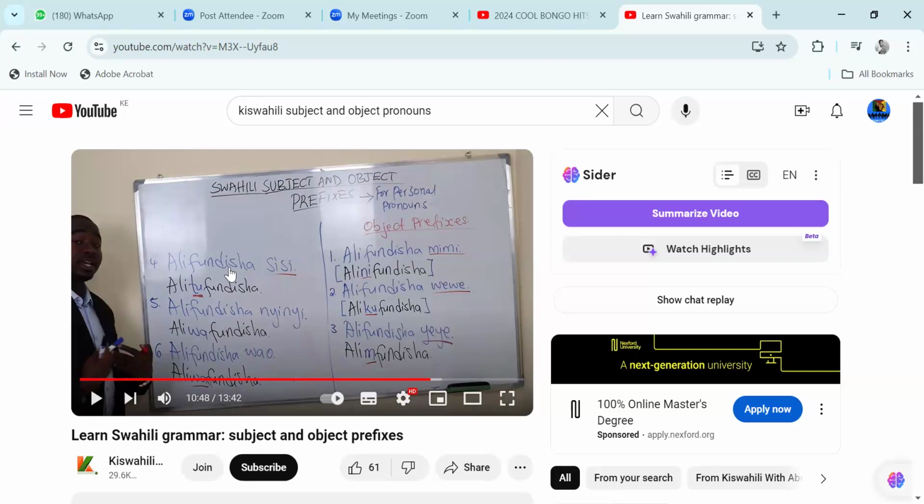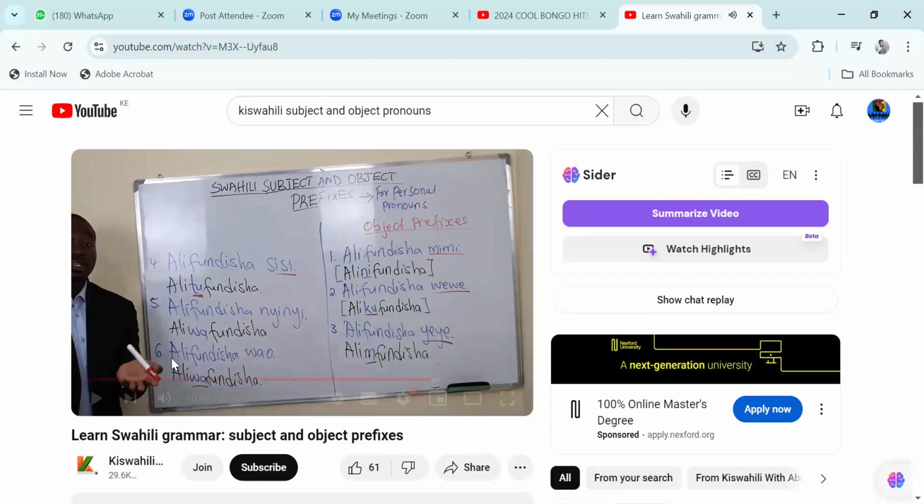But if you retain the plural aspect of the third person pronoun, then you'll use the word here now. Alifundisha yeye. The word yeye now will be replaced by "m": alimfundisha. He taught you guys. You see the word "m" here becomes the prefix that replaces the word yeye in the third person pronoun in a singular aspect.